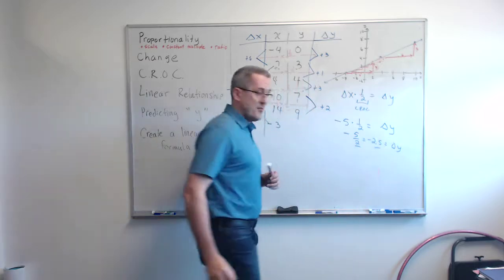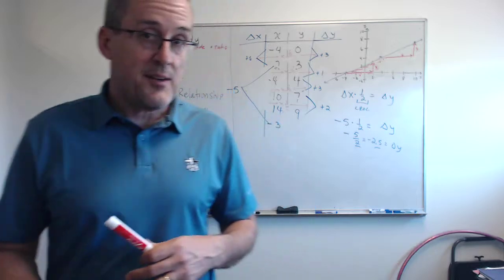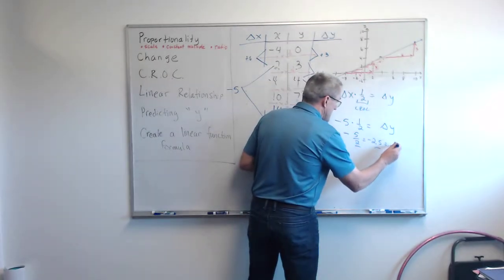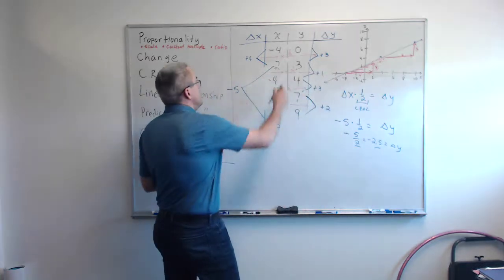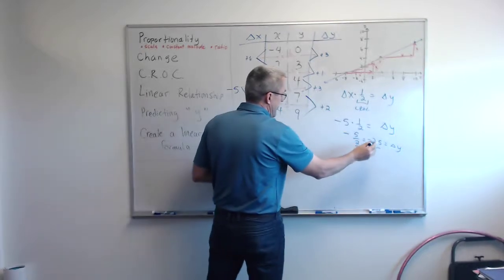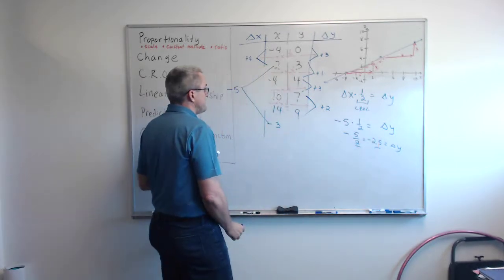And I just want you to be comfortable with either one. -5 halves, -2.5 are the same thing. Now remember, this just tells me the corresponding change in y. So if x changes by -5, then y is going to change by -2.5.